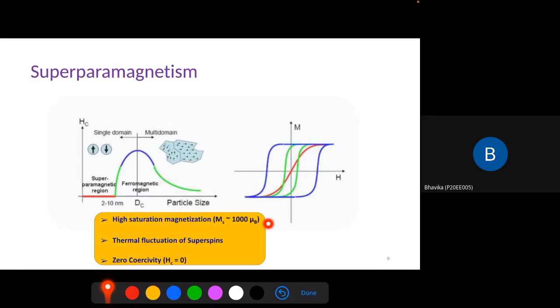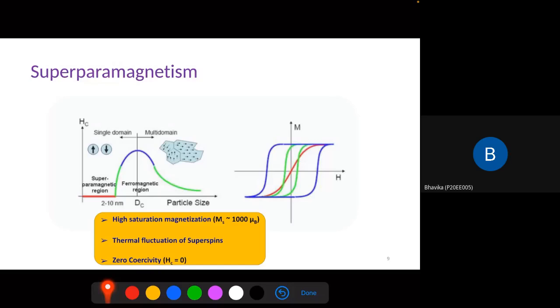It can be 1000 or even 5000 mu Bohr, because when you take clusters of a few nanometers, typically 10 nanometer clusters will maybe have 1000 or 2000 atoms, right? Even if each atom is contributing 1 mu Bohr of magnetic moment, and you are taking 2000 atoms, you just add them up, so you get 2000 mu Bohr.